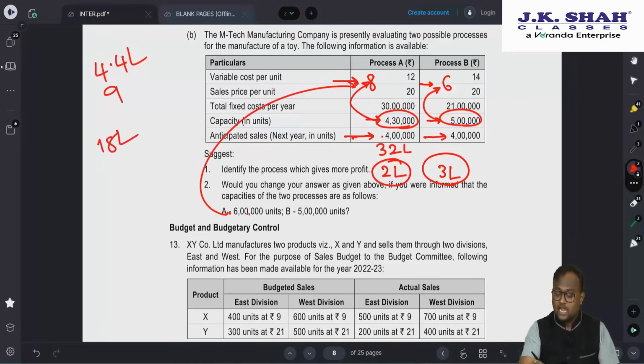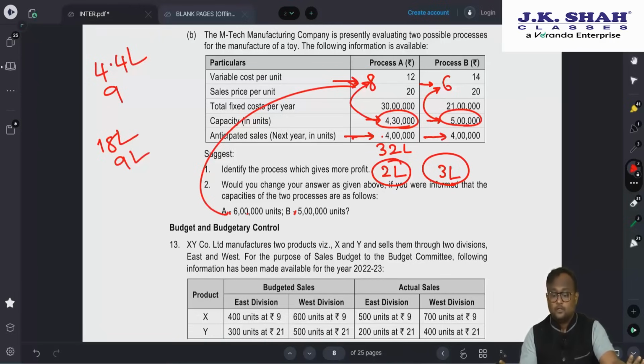So, 18 lakhs, and 5 lakhs into 6, this will remain 9 lakhs only. So, yes, my answer would differ. I will choose process A if my whole capacity can be sold. Whatever I produce gets sold, I will go for process A. Otherwise, I will stick to my last answer, process B.